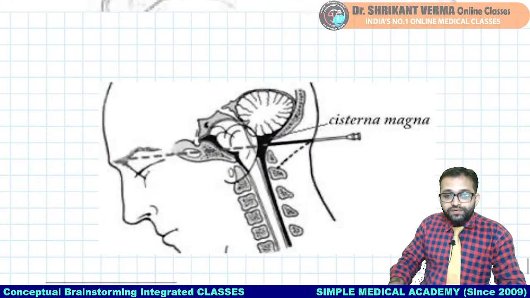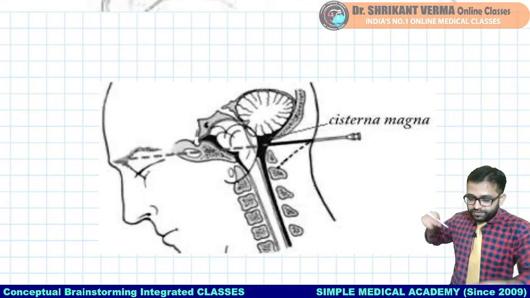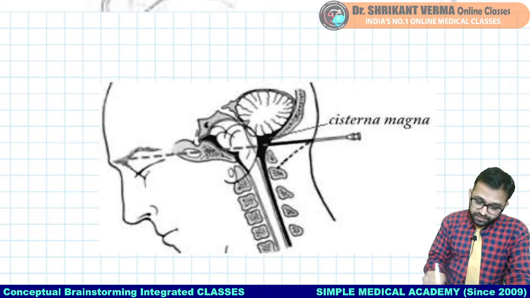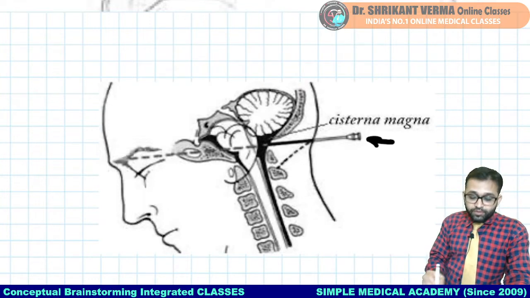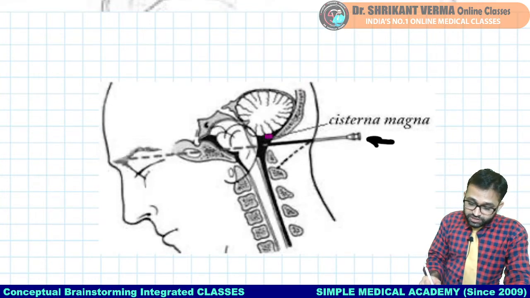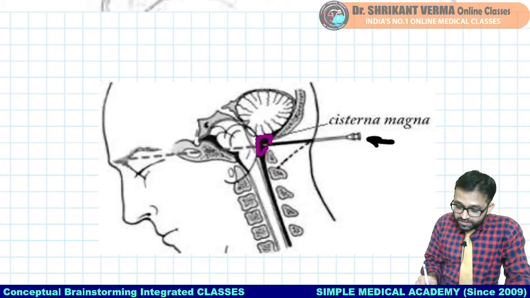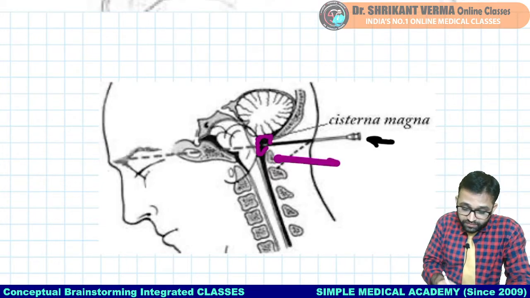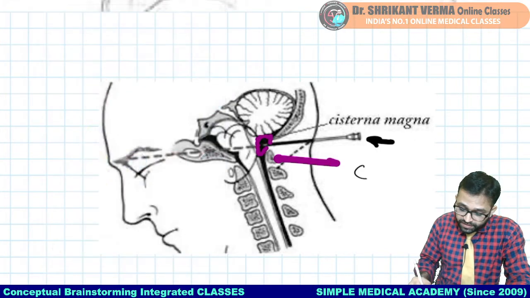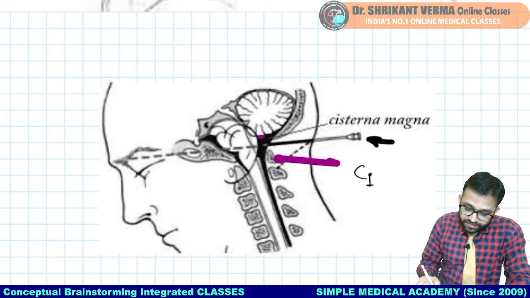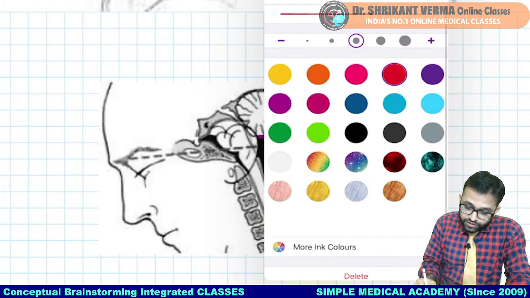See here, we are asking the patient, we are inserting the needle from the back side, because we know that the cisterna magna is located just below the cerebellum behind the medulla. Now you are inserting it above which vertebra? This is the first cervical vertebra. Fine. And then you have to move slowly.